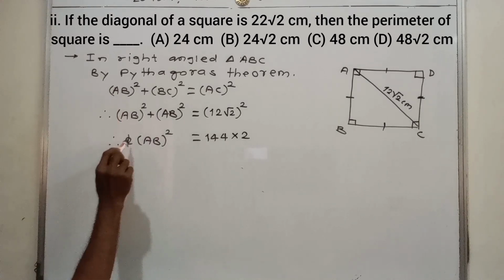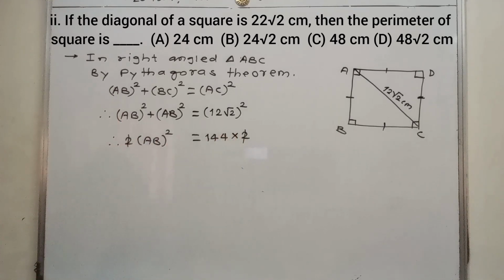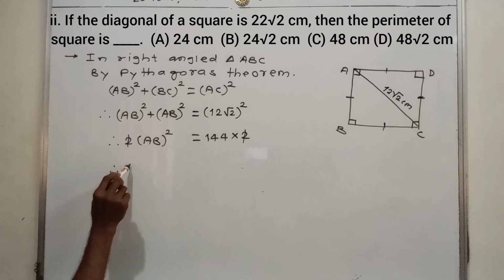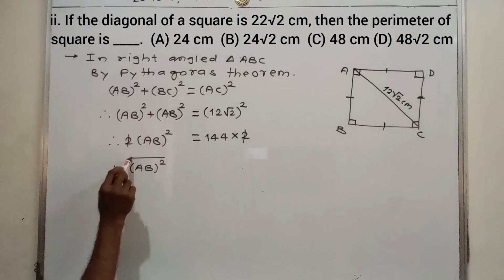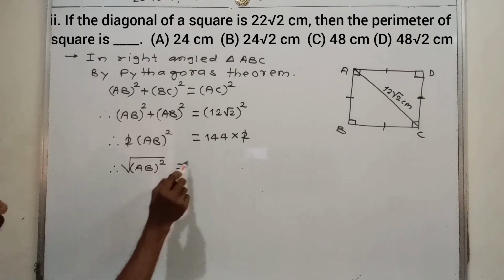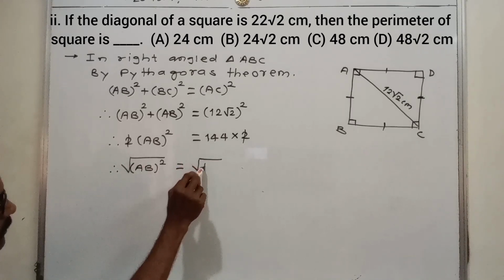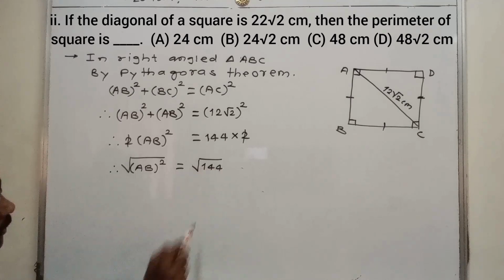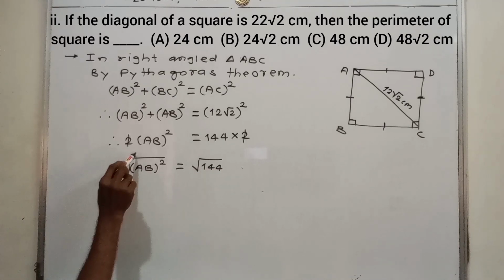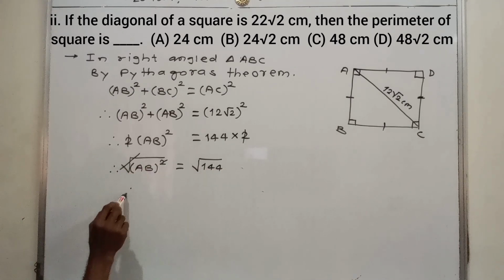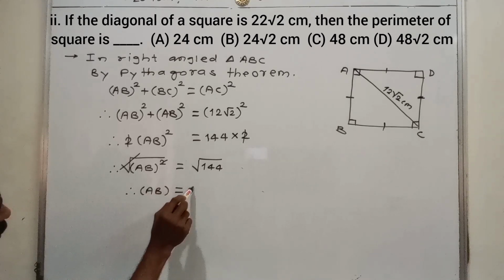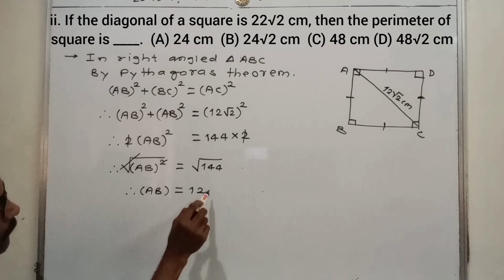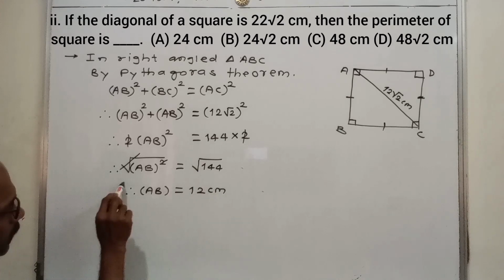Now here 2 cancelled. Therefore taking square roots of both the sides, square root and square cancelled. Therefore, AB is equal to 12 centimeter.